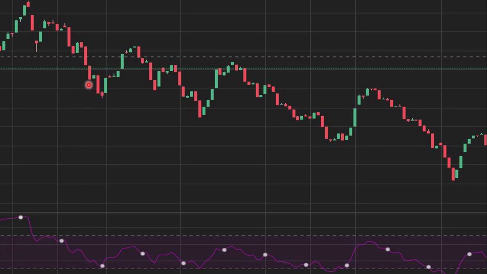Here we have a signal, and here we have something like a take profit signal. Also here we have another selling signal until here. You can see the indicator line has touched the 30 line.